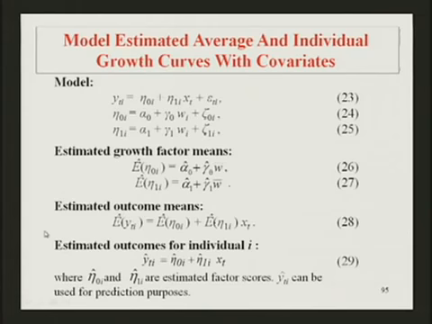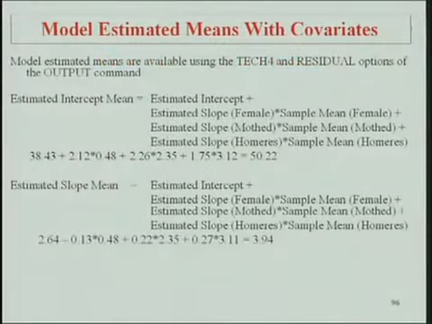And if you go from formula 28 now to the right screen, the output values are plugged into those formulas. Estimated intercept mean, estimated intercept of the intercept growth factors, and then the slopes times the covariate. You can follow the output, and you get the 50.22 which you find in Tech 4.